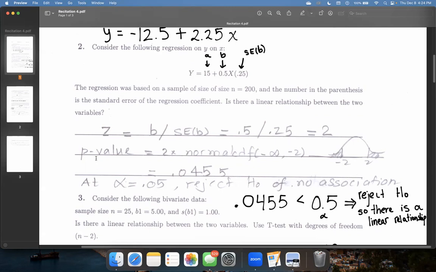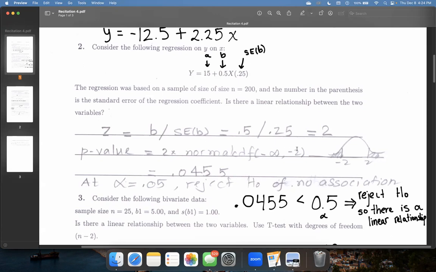So now we can do our p-value, which is equivalent to 2 times the normal CDF from negative infinity to 2. The reason why we multiply it by 2 is because we want the area under the curve on the left and also on the right.